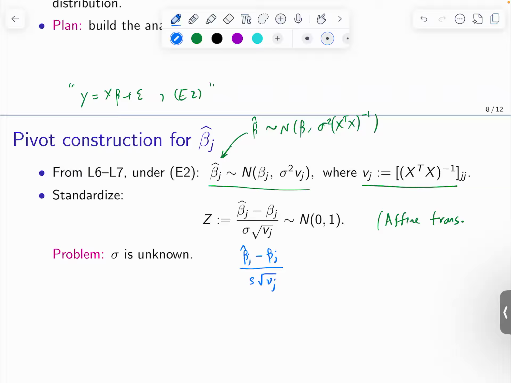This is good because now this only depends on the unknown parameter beta j. It could potentially be a pivot if I can show that the distribution does not depend on any unknown parameter. But can I still say that this is normal or not?